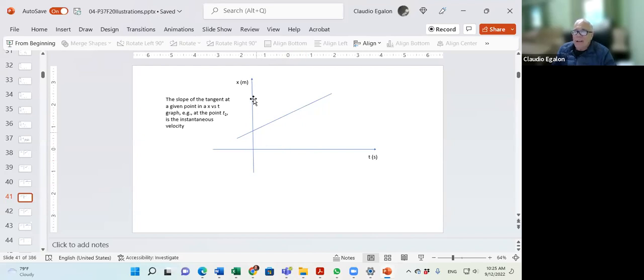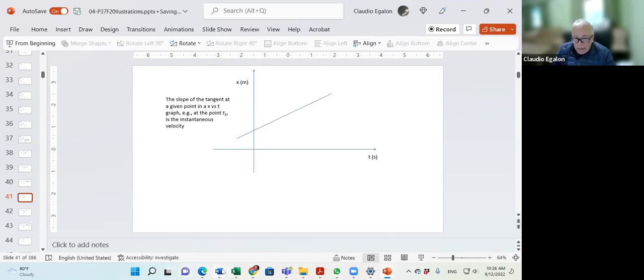If there is a linear relationship between X and T, the slope along this line is going to be the same. That's the simplest type of motion that you're going to see out there.